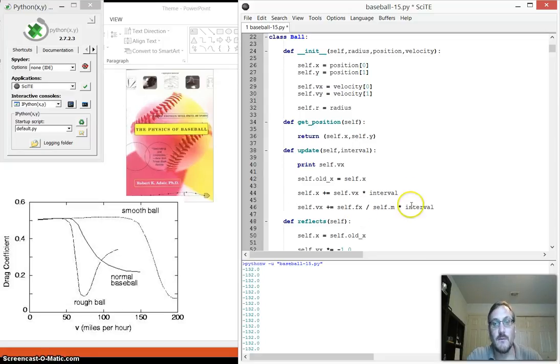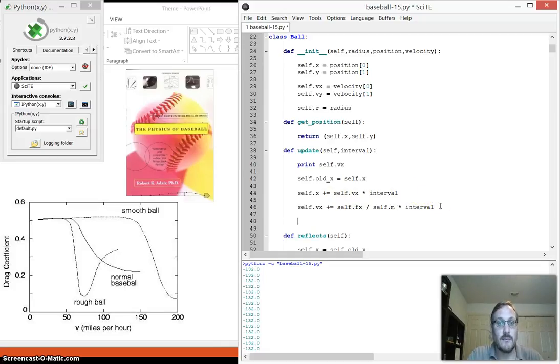Multiplying the force by the interval is the impulse, is what we call it in Physics 1, and that's what we add in technically each time we do this step, an impulse, a change in the momentum. And we change the momentum, and then we change the velocity to match that.